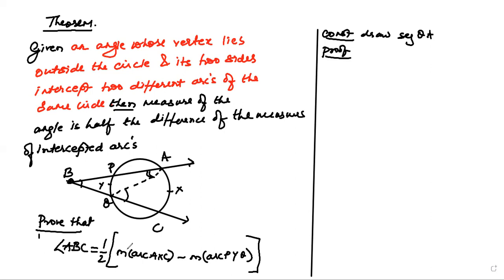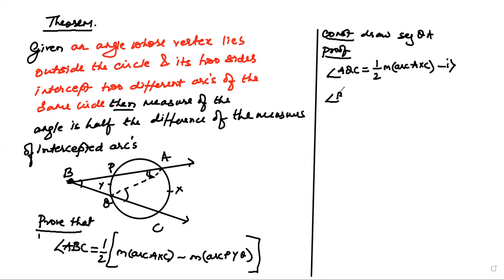You want to get half arc AXC. So don't you agree? Angle AQC is half the measure of arc AXC. Can I call it statement number one? By the inscribed angle theorem is going to be the reason. Then I want half arc PYQ also. How to get it? Angle PAQ.